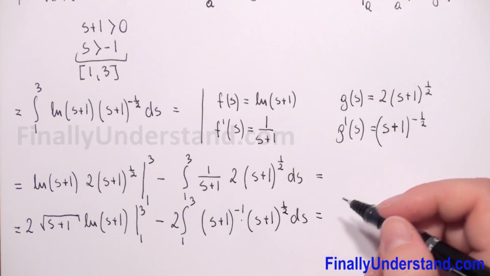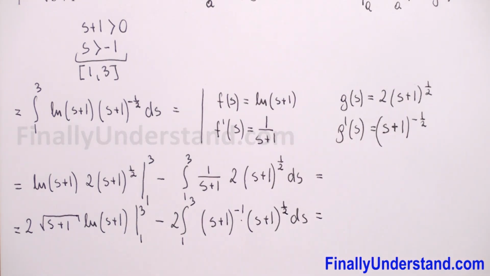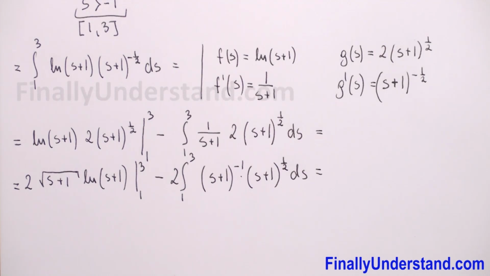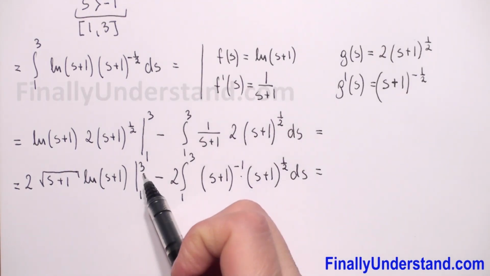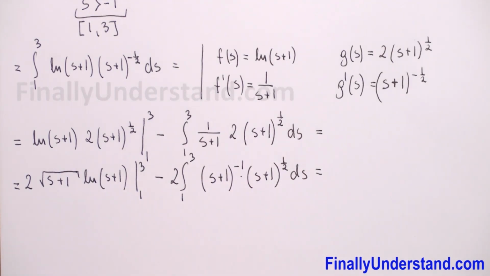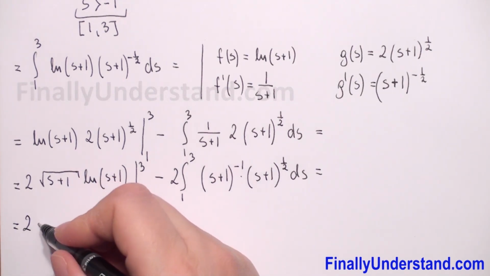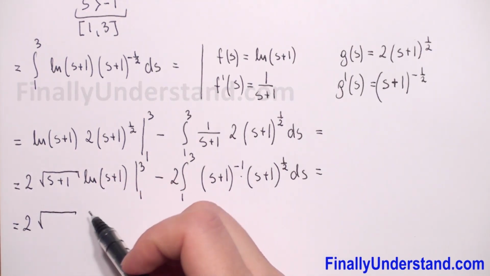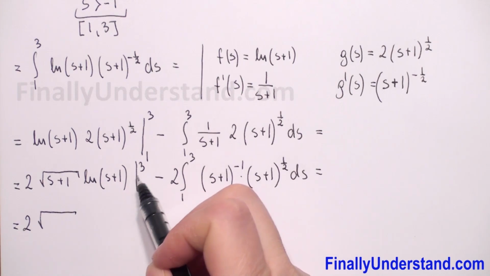So this is equal. First expression you can calculate or just copy. We can calculate this now. It means we have to plug first upper limit. So this is equal to, and we need to substitute s by 3 first.